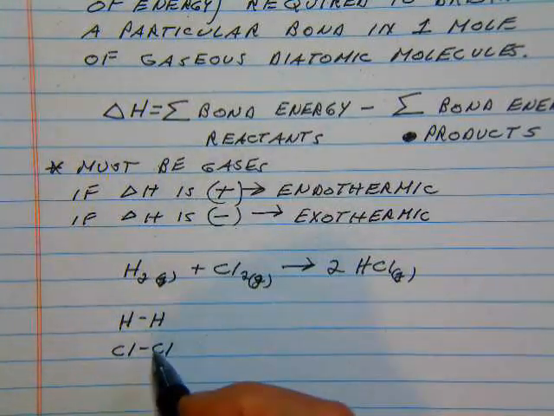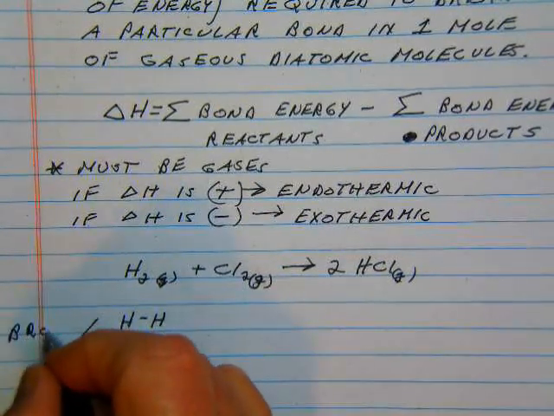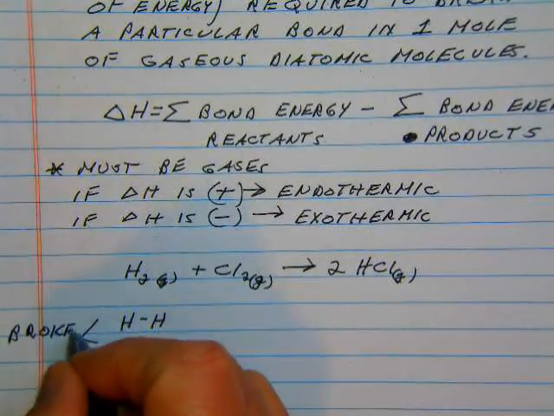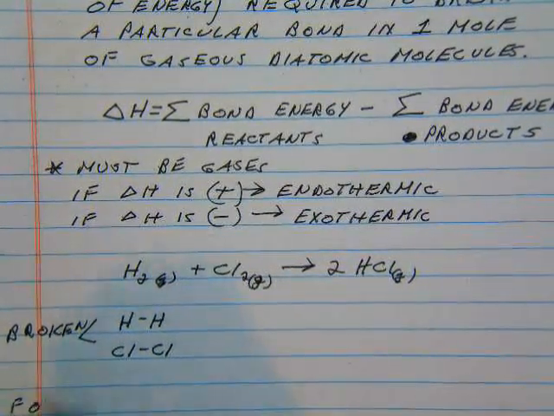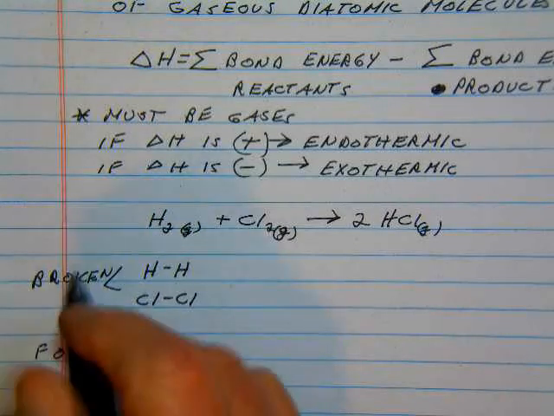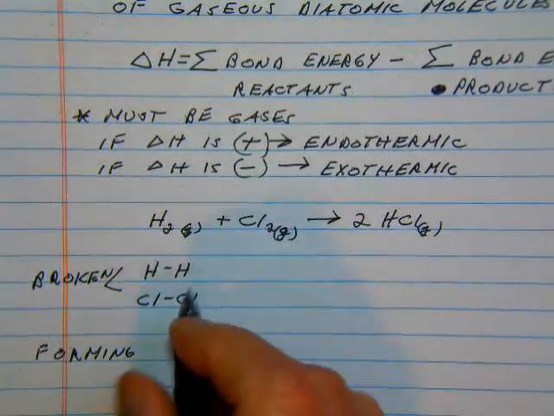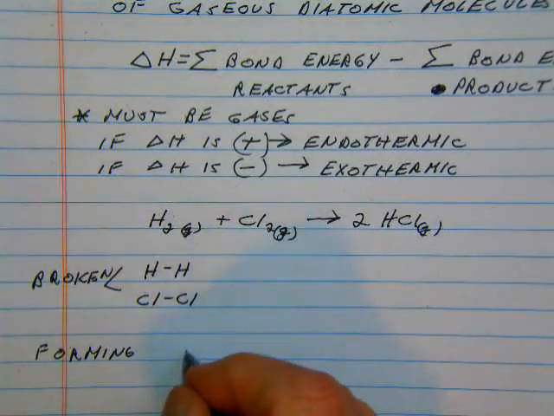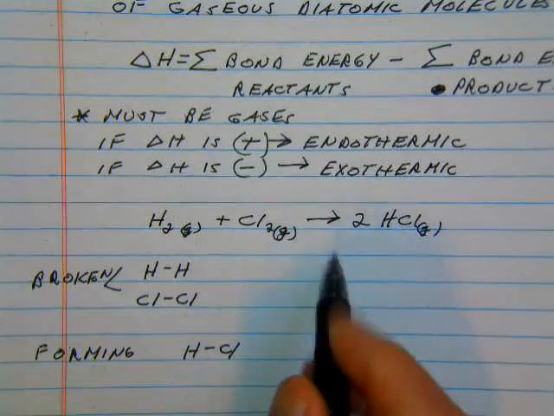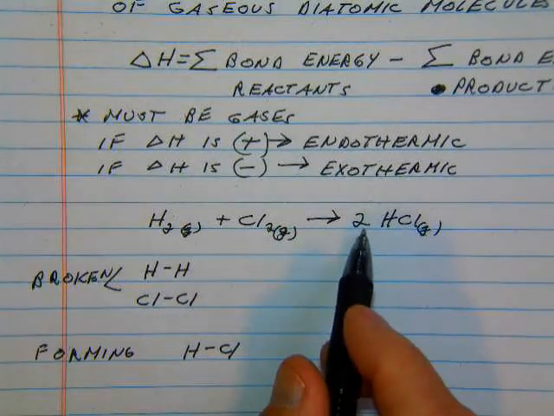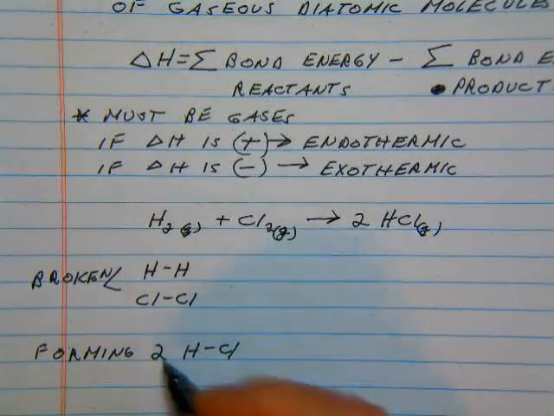These are the ones that are broken. And what is being formed in our products are HCl bonds, but we've got 2 of these because our coefficient is 2. So we've got 2 of these bonds being formed.